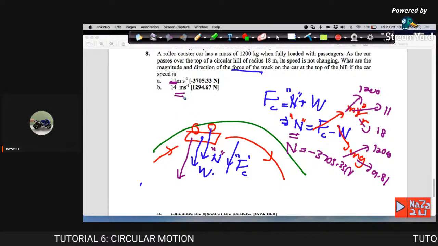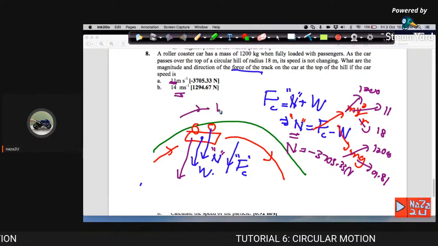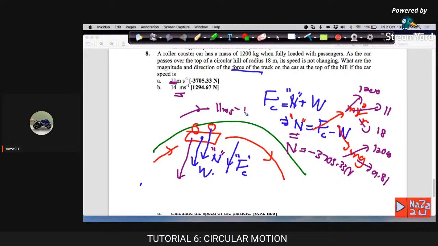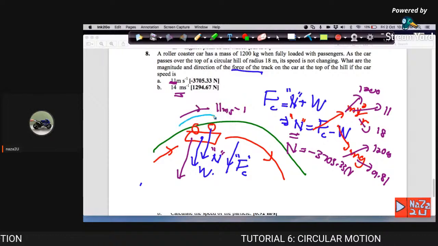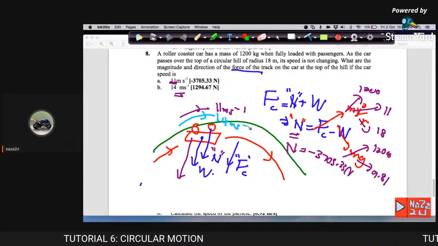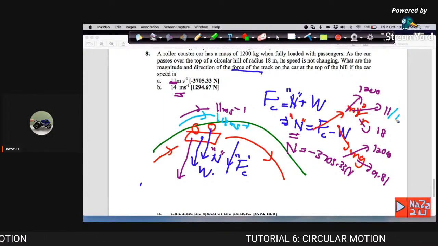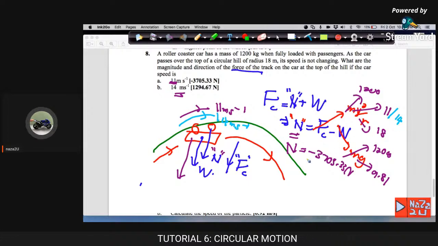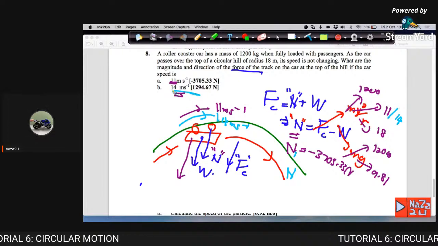Pada situasi kedua, kalau kita tengok the speed, the first speed is 11 meter per second. And the second speed increases, the car moving with the increased speed is 14 meter per second. So if you have the value of the v here, 14. So this is N1, and the second N, N2, for the second speed, 14.